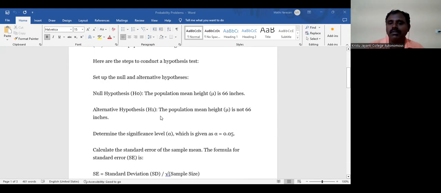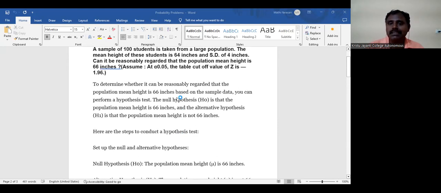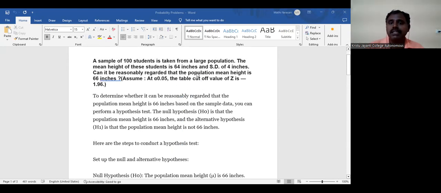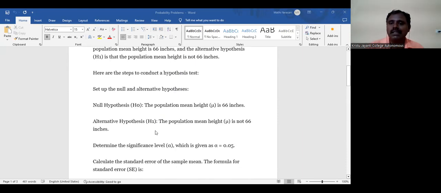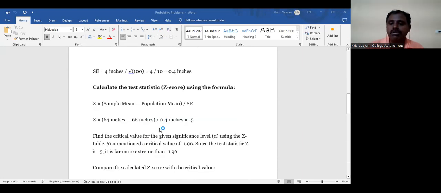So you write 64 inches minus the population mean, which is 66 inches. Here you have to assume whether 66 inches is correct or not. So 64 minus 66 divided by the standard error value 0.4, and we get minus 5 as the answer.